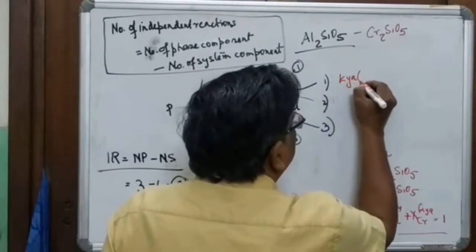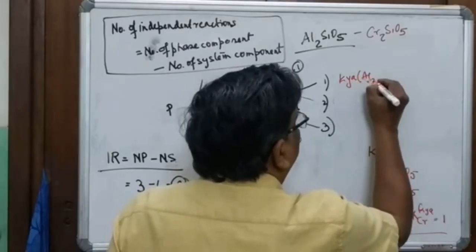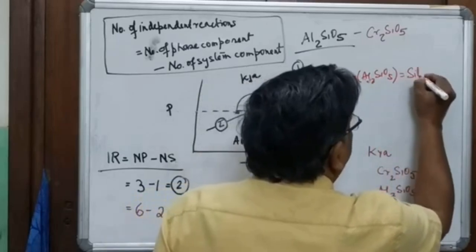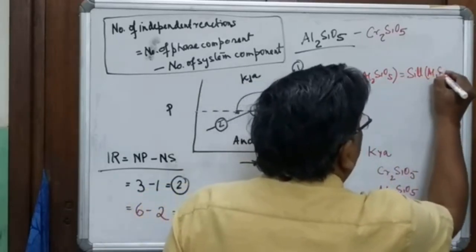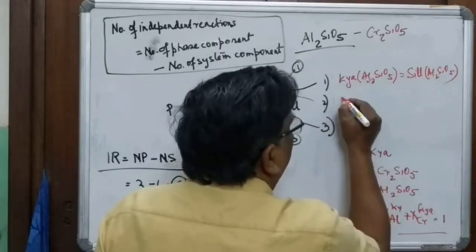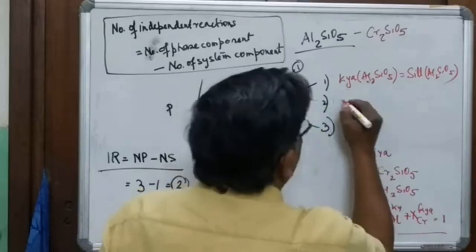Kyanite, Al2SiO5 is equal to sillimanite, Al2SiO5. What was the second one? Okay.